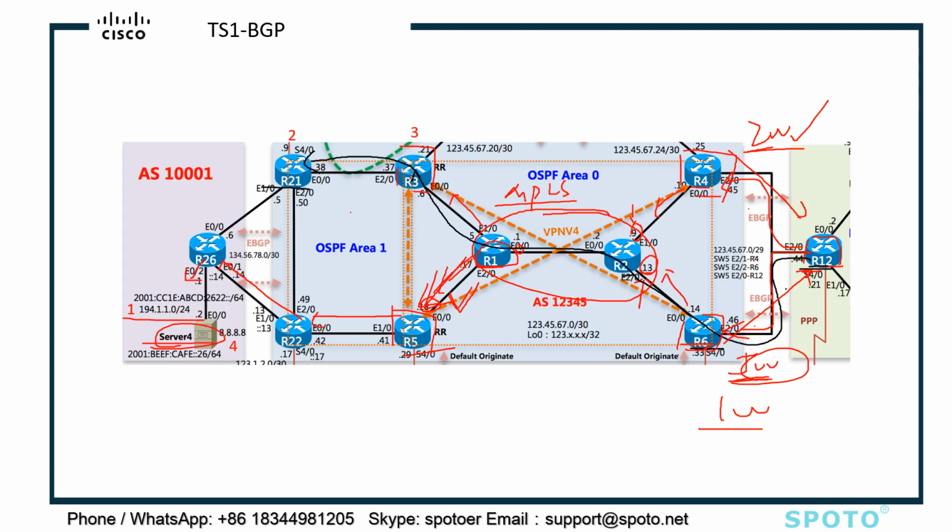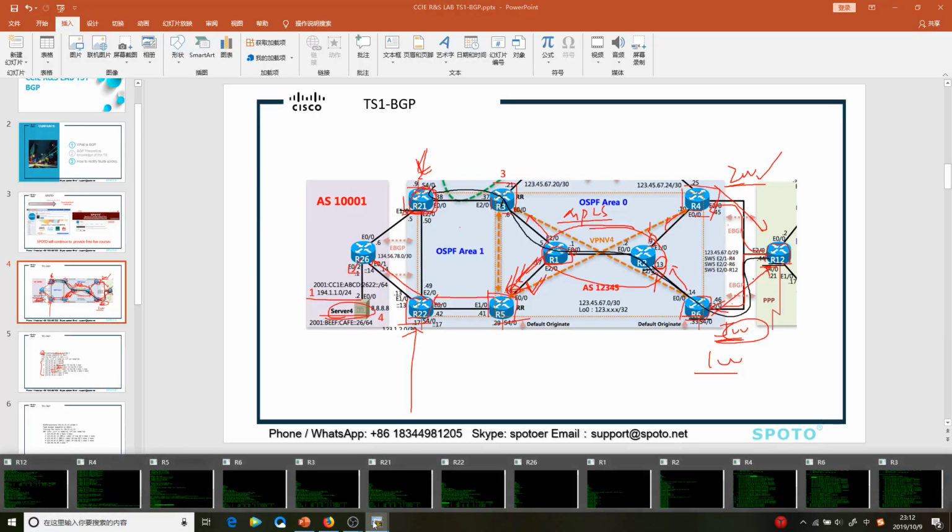I think these four routers should learn the route from both R21 and R22, but in this situation we can only learn the route from R22. So we must have made some wrong configuration on R21, and we need to check the configuration of R21. So we go back to R21 to check it.